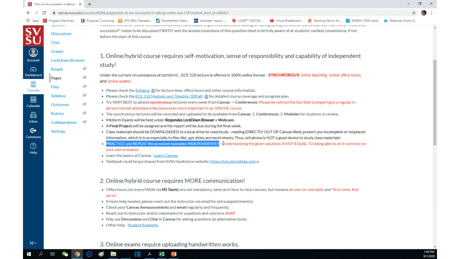Here I'm emphasizing understanding the given solution, because after the lecture, of course, you get my solution presented. You can read through my solution and understand it. However, understanding those solutions is absolutely not equal to being able to do it correctly on your own in exams. It's a different thing.